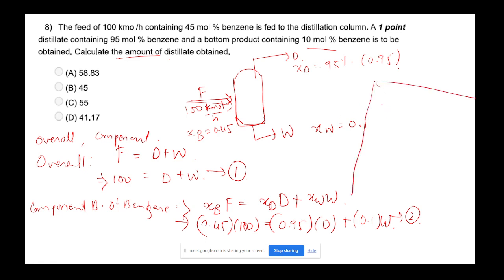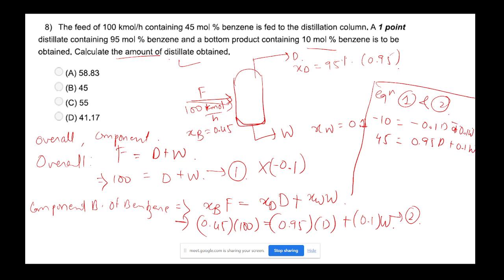Now if I solve these two equations, equation 1 and 2, I will multiply the first equation by minus 0.1 because I need to find the distillate and I will eliminate W. So it comes as minus 10 equals minus 0.1 D minus 0.1 W, and this will be 45 equals 0.95 D plus 0.1 W. The W terms cancel out, and what is left is 0.85 D equals 35.